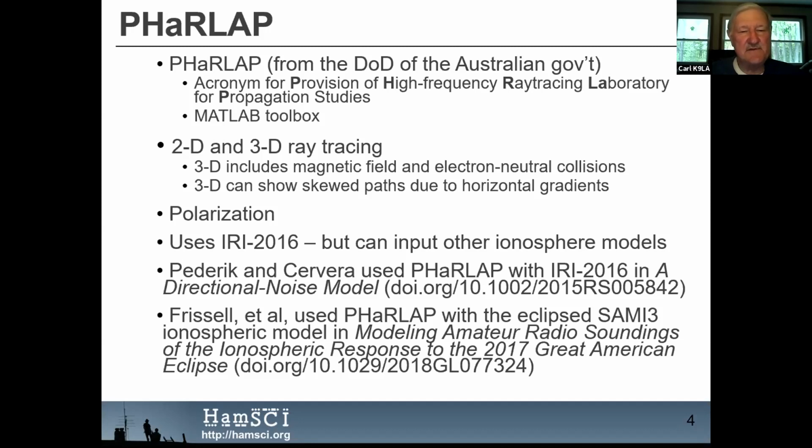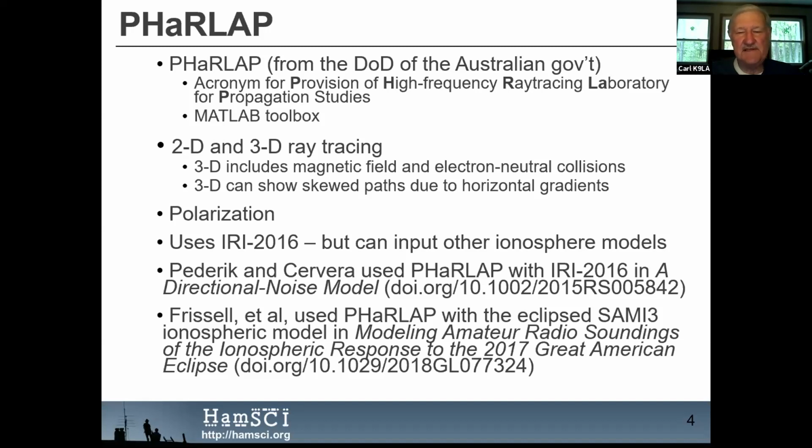Now here I listed two examples of people using FARLAP. One is Peterick and Cervera, who used it in their direction noise model in Radio Science in, that'd be 2015, I guess. And then Nathaniel and others used FARLAP in their modeling of amateur radio soundings of the ionospheric response to the 2017 Great American Eclipse.